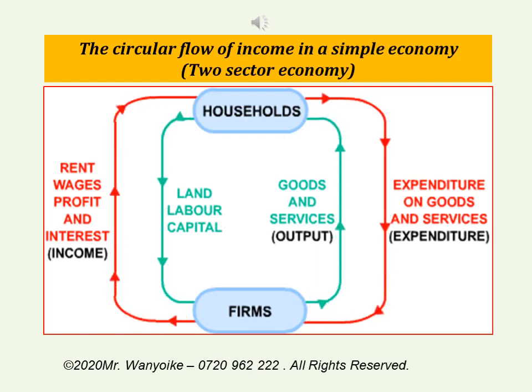You can see on your right the blue arrow moving from farms to the households, and that one is representing the flow of goods and services. Now, in return, the households will have to pay for these goods and services, and therefore money again will flow from households to the farms. And the household at that time will be spending money, or it is an expenditure on goods and services, and that's what we call a two-sector economy, circular flow of income.